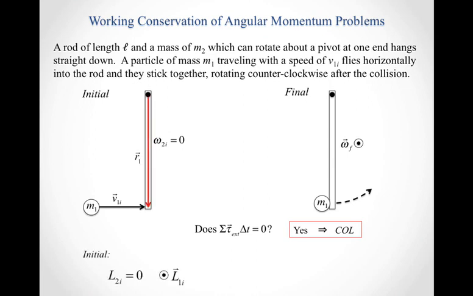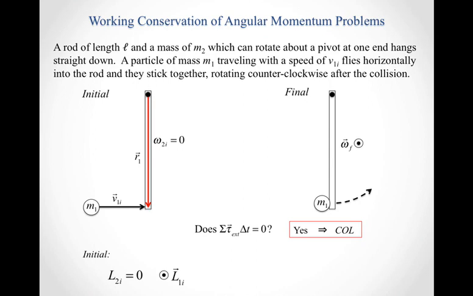I'll have two of them initially because, again, I've got two pieces of my system. The rod's easy. It's not moving at all, so it has 0 initial angular momentum. The particle, well, I need to treat it like a particle, which means there's a right-hand rule that helps me figure out the direction of its angular momentum. And so for my particle, I'm going to point my thumb in the direction of r, the position vector.